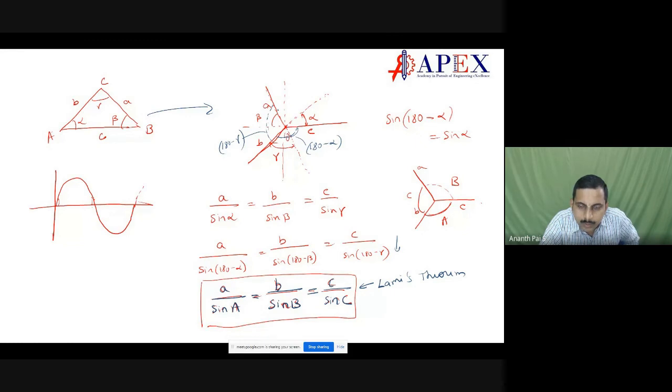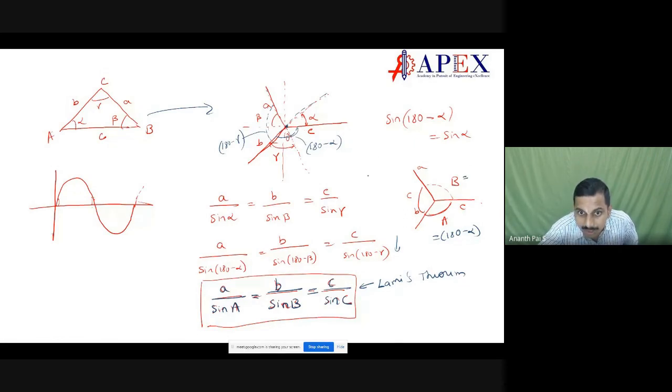And what is this angle? If you see a, this angle is a, the opposite to that is equal to 180 minus alpha. Observe here, this is a straight line, 180, so it is 180 minus alpha.